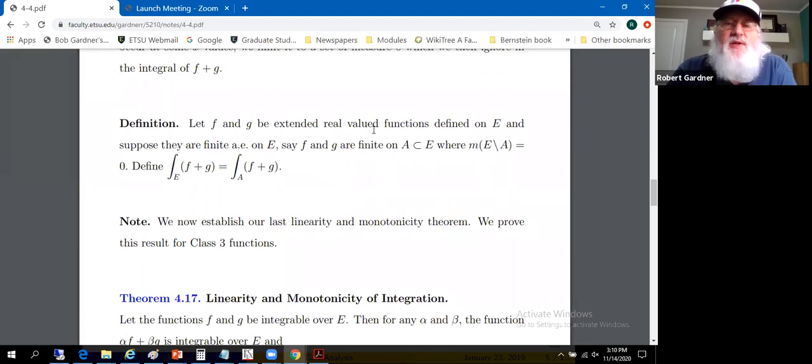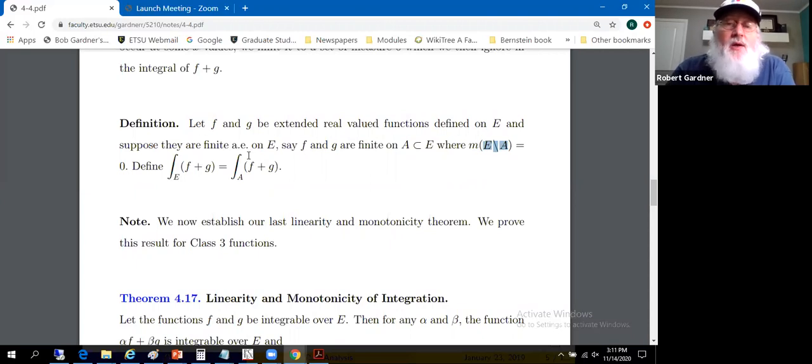So let f and g be extended real valued functions defined on set E, and suppose they are finite almost everywhere on set E. Say f and g are finite on set A, a subset of E, where the complement of A with respect to E has measure 0. Then we're defining the integral of f plus g over set E to be the integral of f plus g over set A. We threw out E minus A. It had measure 0, and what we're doing is burying the extended real valued stuff on those sets.